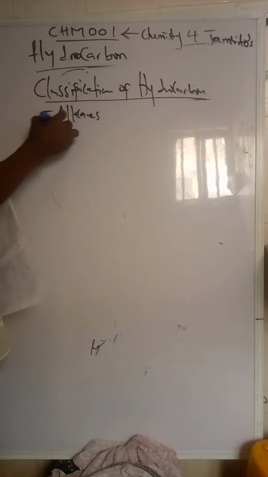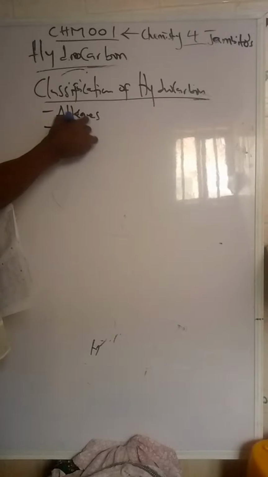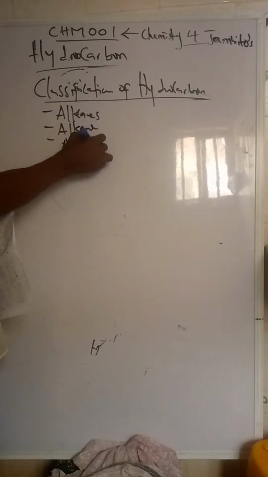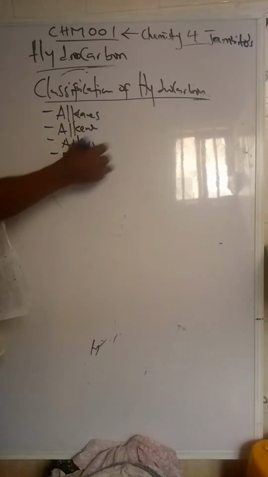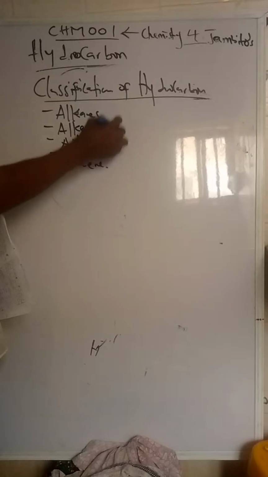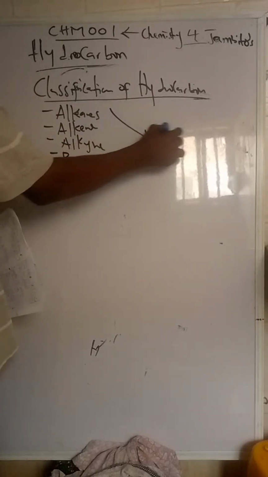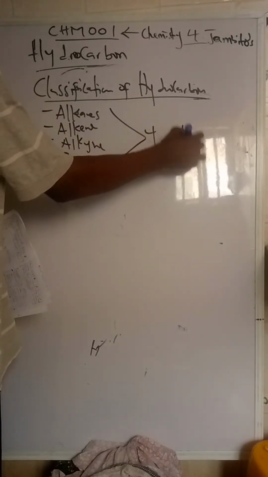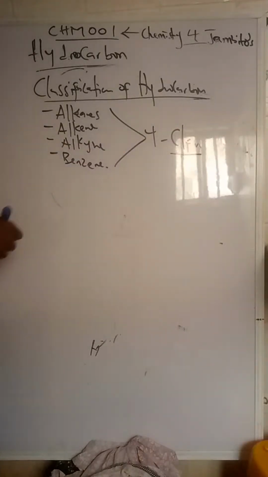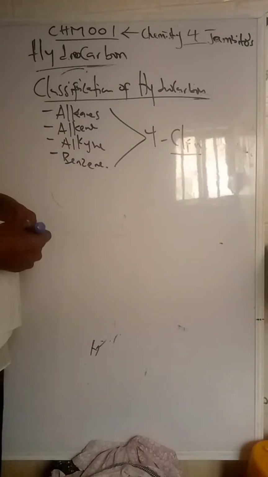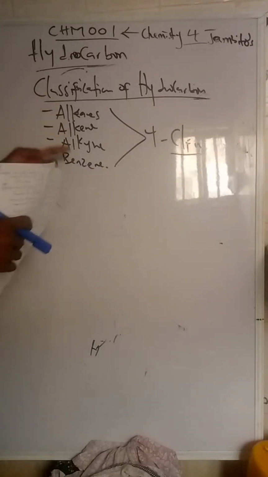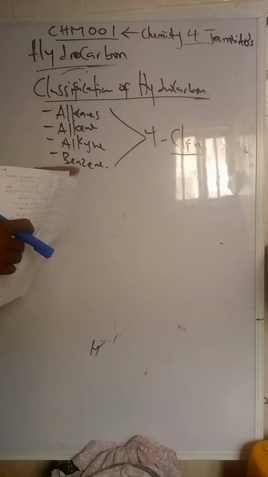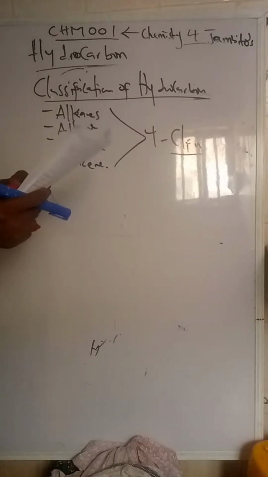Take note of this part. Alkene. Then we have the alkynes, and we have the benzene. So how many classifications do we have? We have just 4 classifications of hydrocarbon: alkane, alkene, alkyne, and benzene. So those are the 4 classifications.